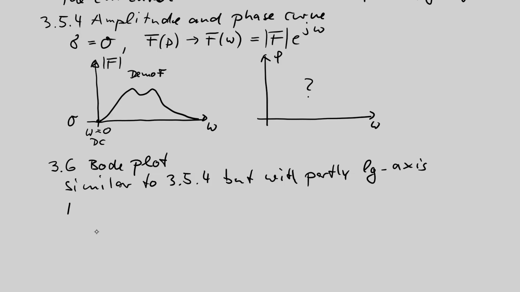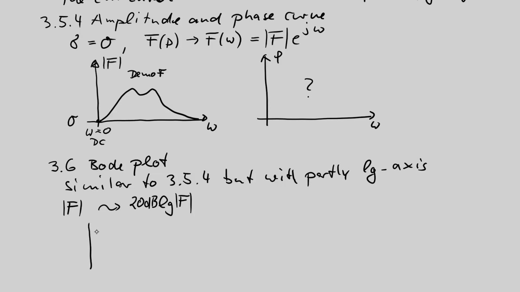First, we want to display not the F magnitude, but the logarithmic value of the magnitude. And it is common that this is expressed in dB values. So the logarithmic value of F is multiplied by 20 dB, and then we have a dB axis.